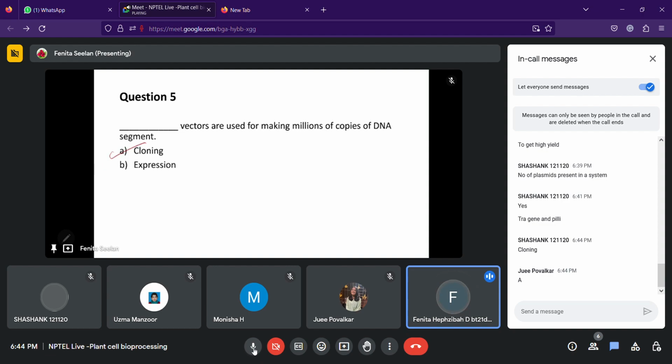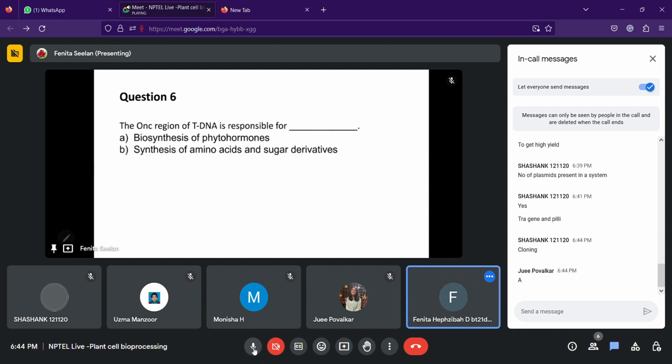We were discussing this already in the previous question, so no need for further explanation. So the onc region of tDNA is responsible for what? This one is about your agrobacterium mediated transformation. Yes, the answer is A.